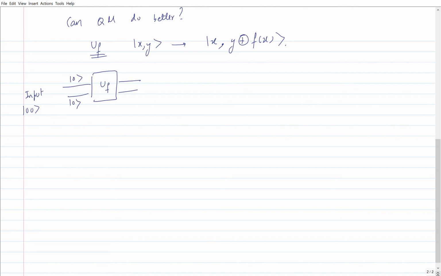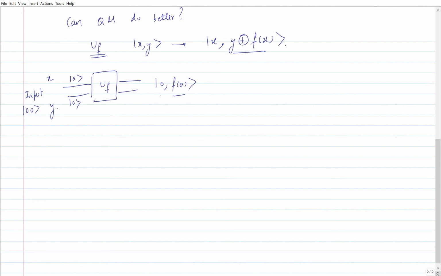My output state is going to be 0, f(0), because this was my x bit, this was my y bit, and y plus f(x) modulo addition is just going to give me f(0).